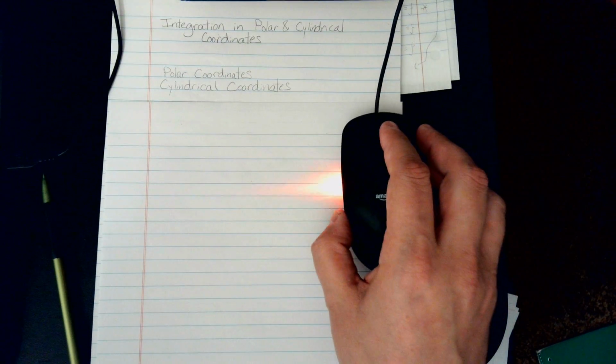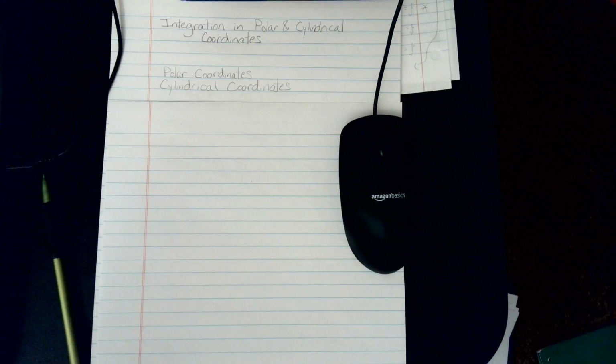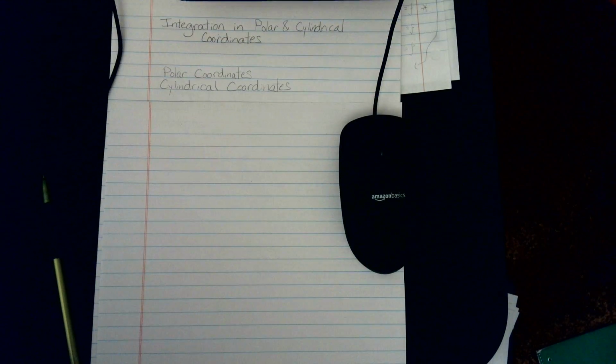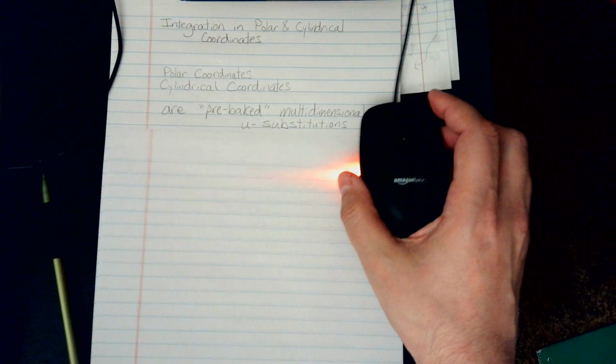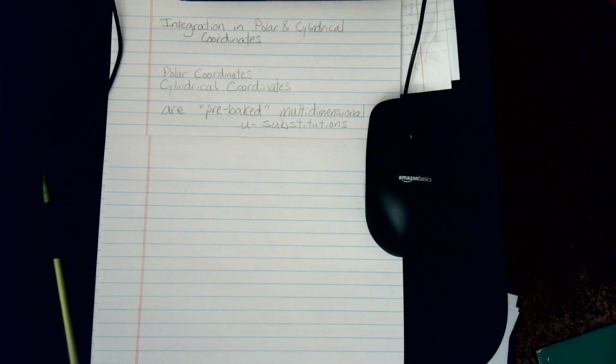In terms of polar coordinates and cylindrical coordinates, really what you should think to yourself is that these are like pre-baked multidimensional U substitutions. Okay, you learned U substitution hopefully at the end of your Calc 1 class. Certainly you did a lot of it by the time you were doing a bunch of integrals in Calc 2. You'd search hard to find a good U substitution.